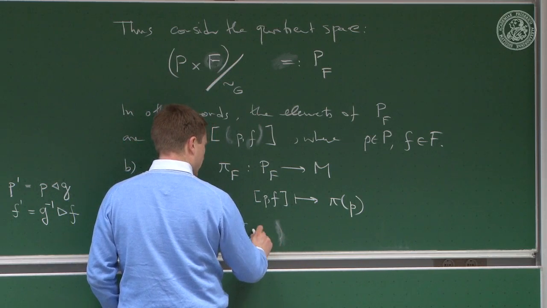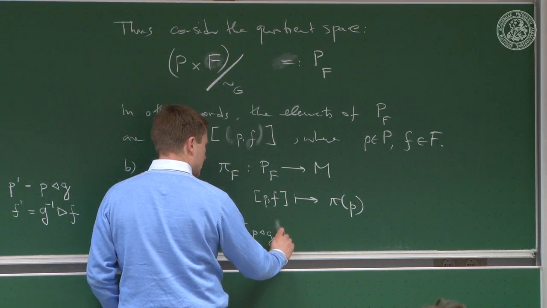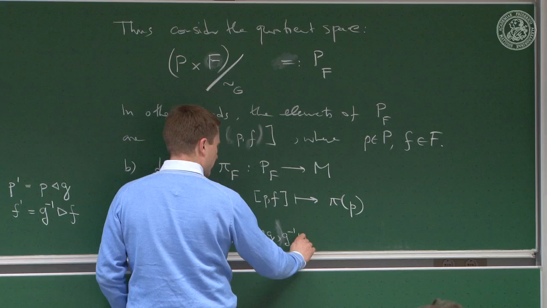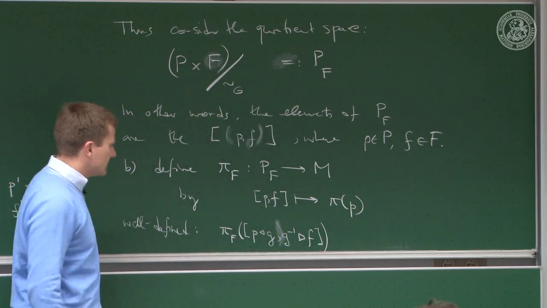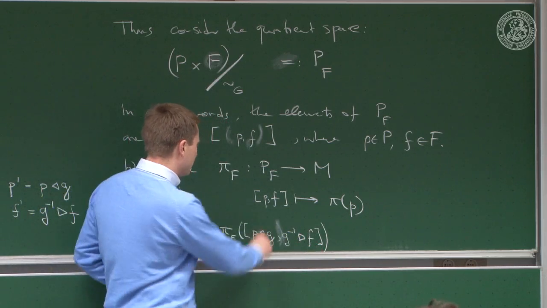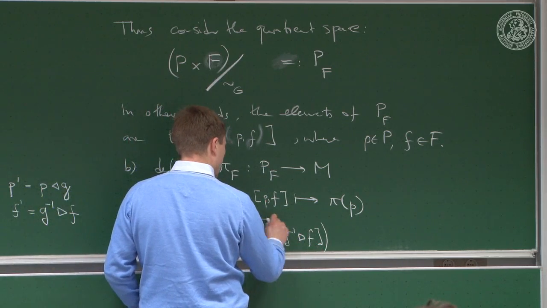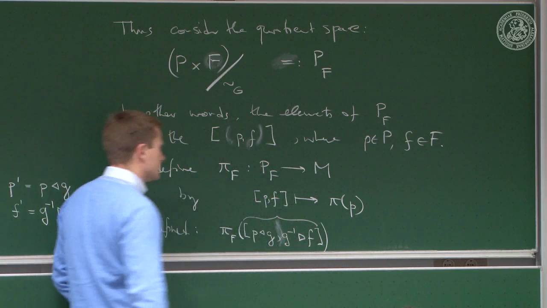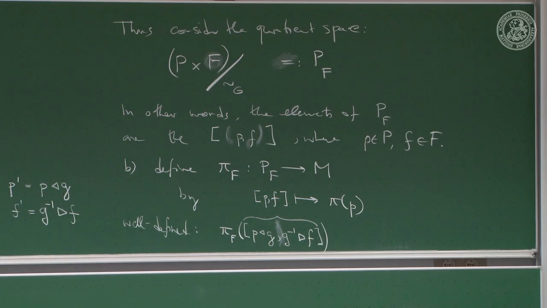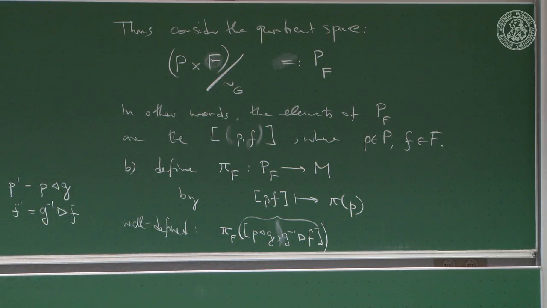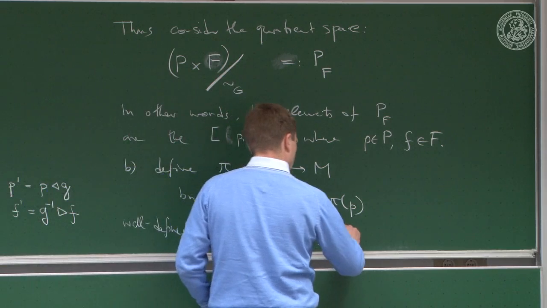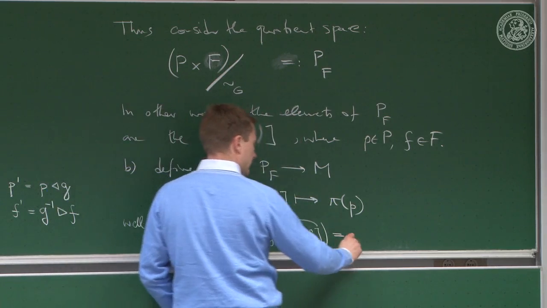Any other representative would have the form P acted upon from the right by some G, and G inverse acting from the left on F. This is clearly the same equivalence class as this guy. So I should say this is obviously the same as this by the very definition we made here for the equivalence. Okay, so now I apply the rule nevertheless.